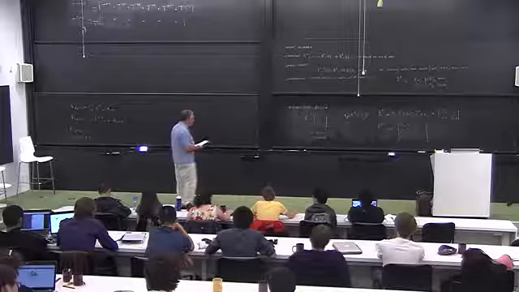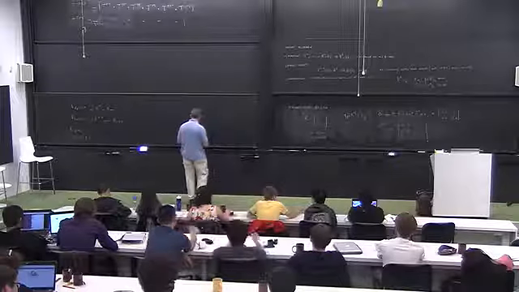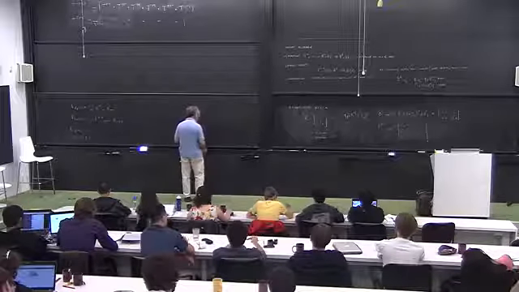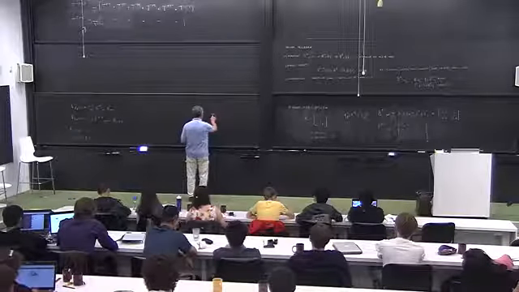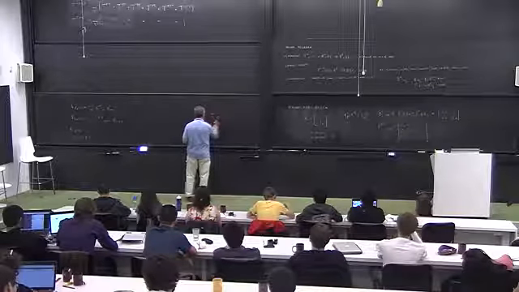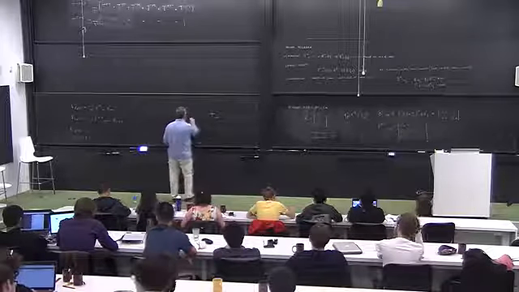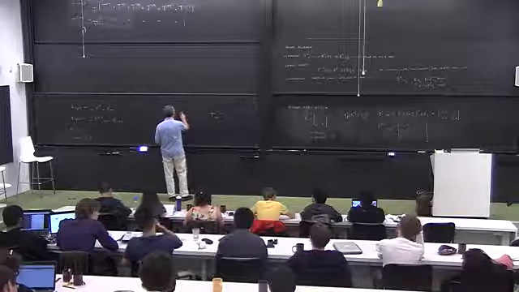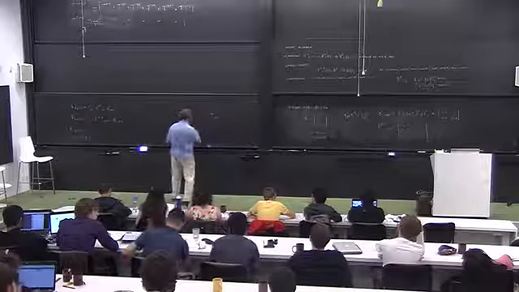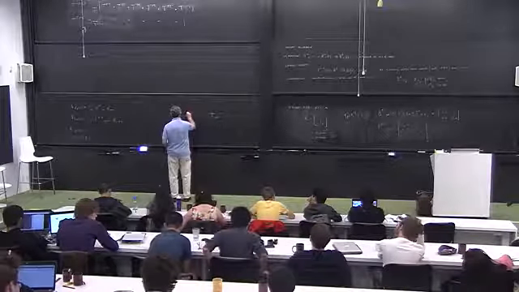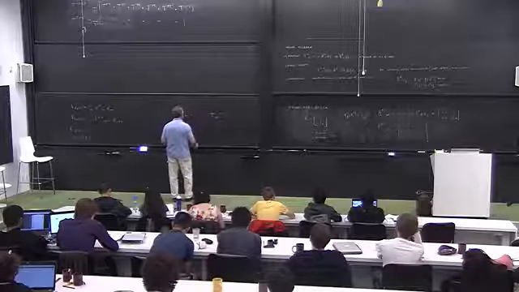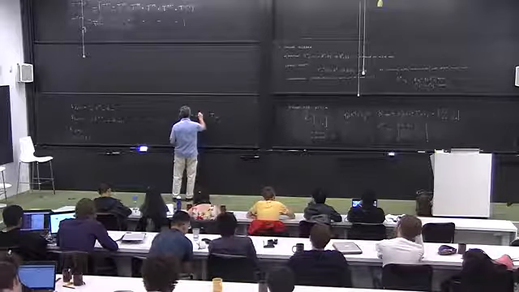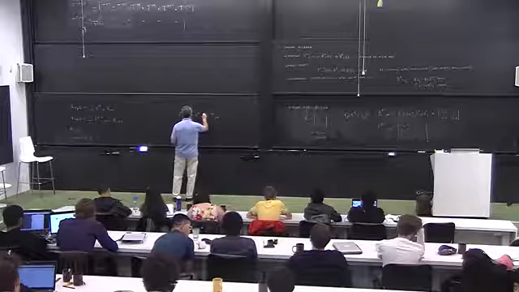So let's look at this. Let's look at a tensor T rho sigma, and then delta mu rho delta mu sigma plus or minus delta mu sigma delta mu rho.